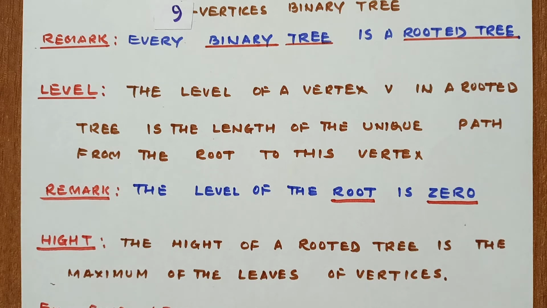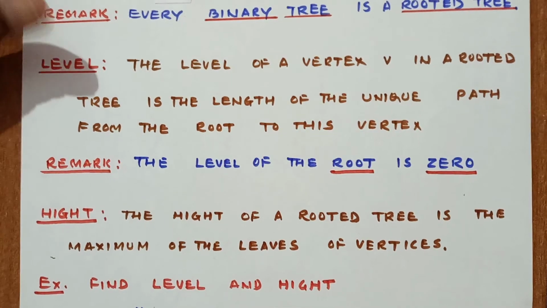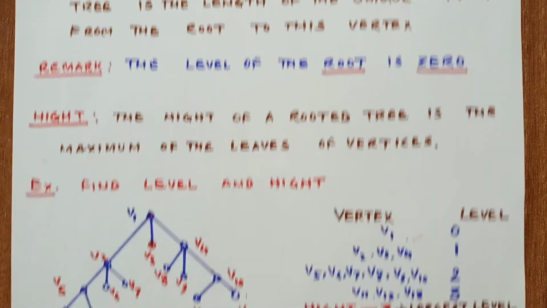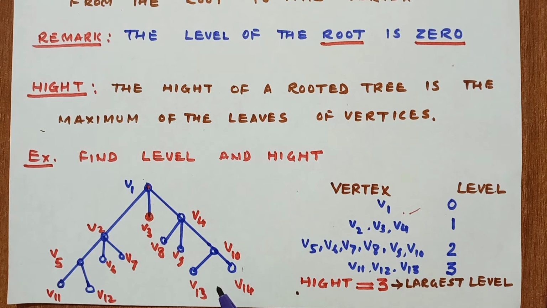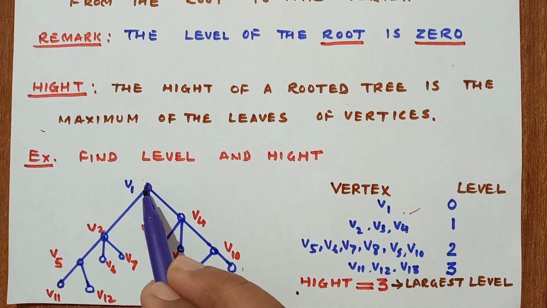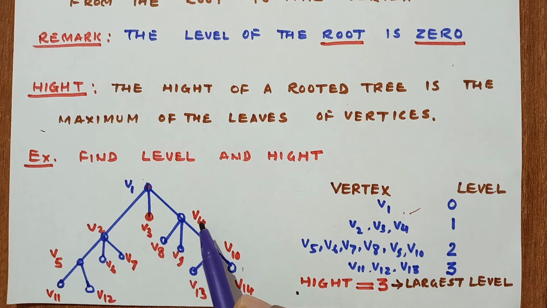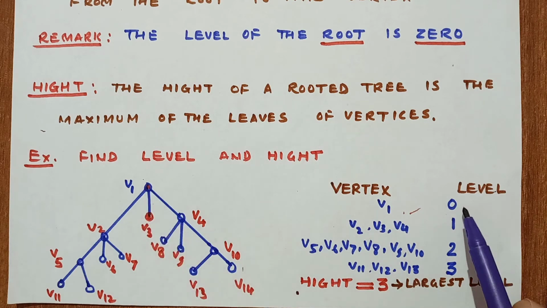So this is height. I am going to give an example to calculate label and height. This is a binary tree, a rooted tree, with vertices V1, V2, V3, V4, V5, V6, V7, V8, V9, V10, V11, V12, V13, V14. The label of V1 is 0.